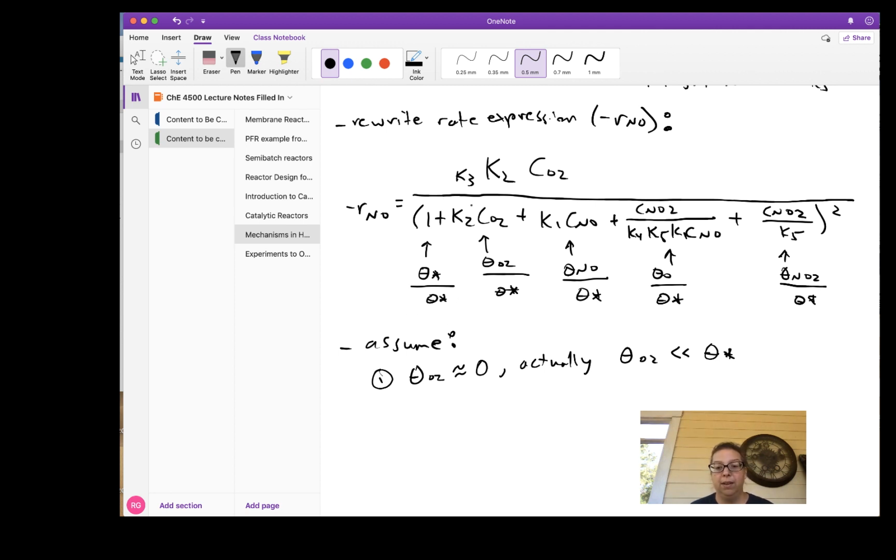So that gets rid of that term, and we're going to knock this term out of our denominator.